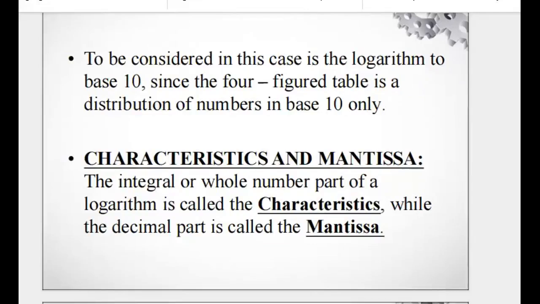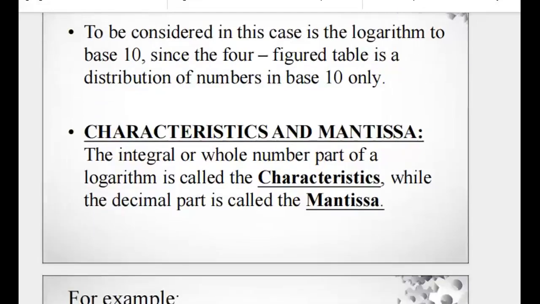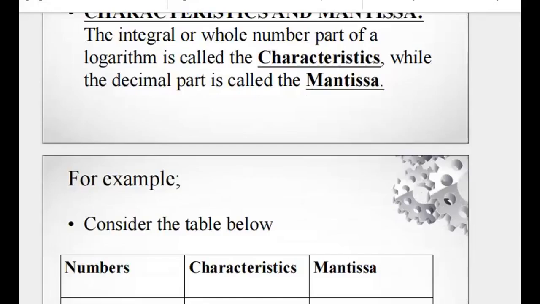Now, the integral or whole number part of a logarithm is called the characteristics. So if you have a whole number, or a decimal number, the whole number part is called the characteristics, while the decimal part is called the mantissa. So let's look at some examples of what we're talking about.